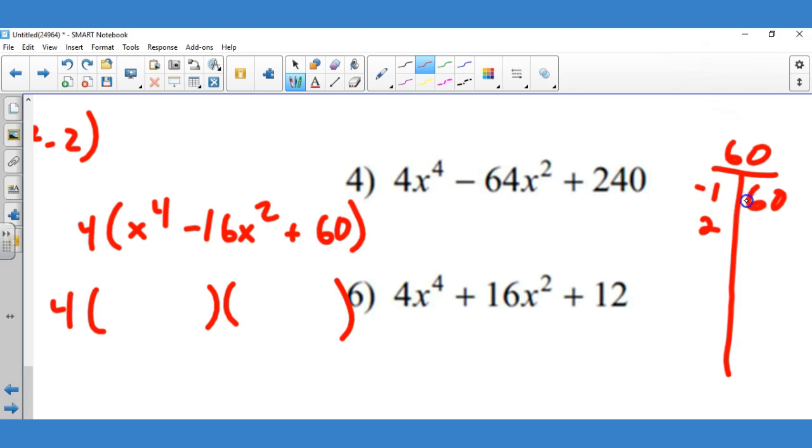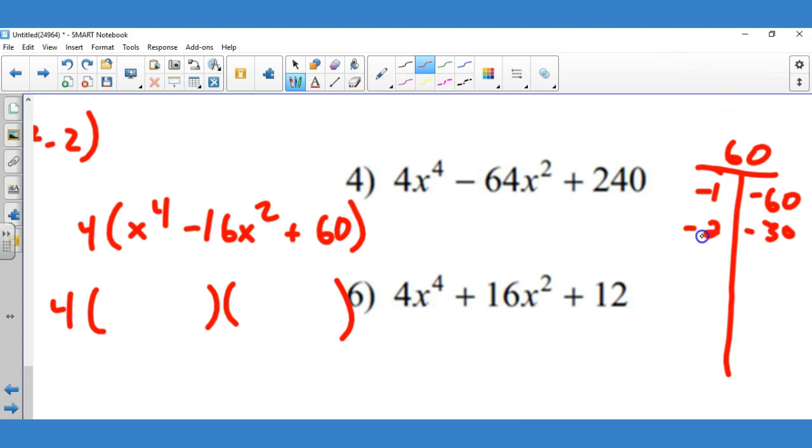Let's see. No, I want positive 60. So -1, -60, -2, -30. Now, I know some of you are like, why are you doing negatives? Because I need positive 60. And see how this is negative?